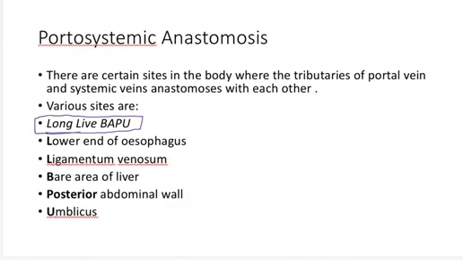So long live Bapu. L stands for the lower end of the esophagus. Another L stands for the ligamentum venosum. B of Bapu stands for the bare area of the liver. A stands for the anal canal.